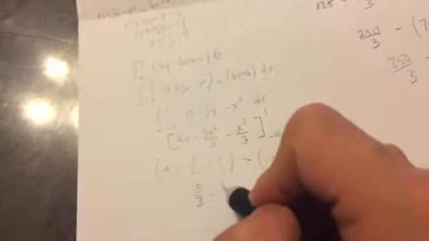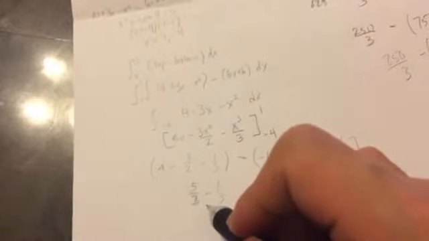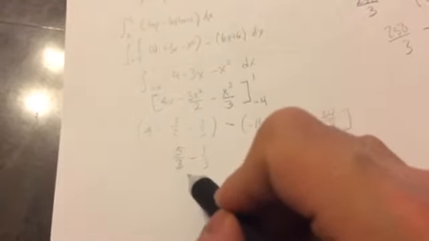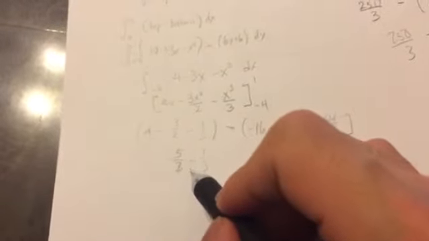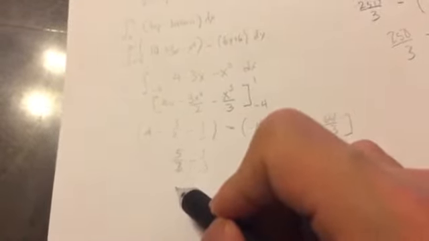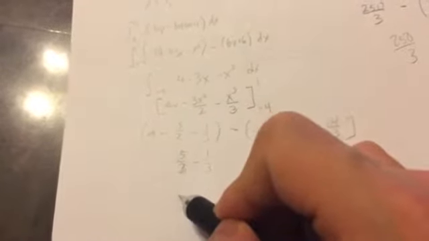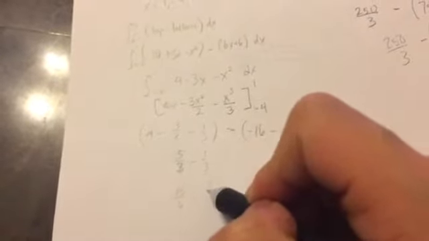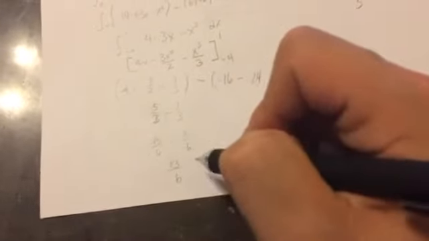And then minus 1/3. And from here, you simplify with a common denominator. So it's going to be times 3, so 15 over 6 minus 2 over 6. You get 13 over 6 for this side.